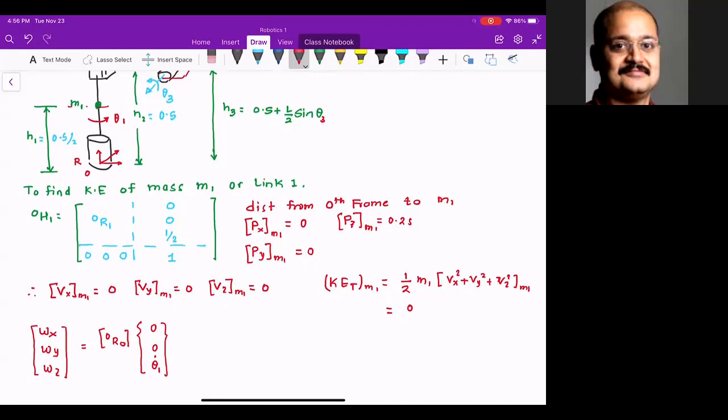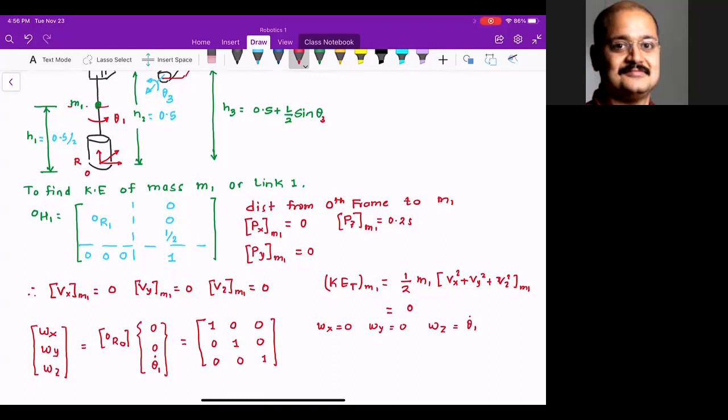I want you to look at this configuration, and can you see and tell me what would be the value of omega x? 0 is identity matrix. So 0 or 0, correct, is an identity matrix. So do you agree with me? Omega x is 0. Omega y is equal to 0. Do you agree with me? Omega z is equal to theta 1 dot.